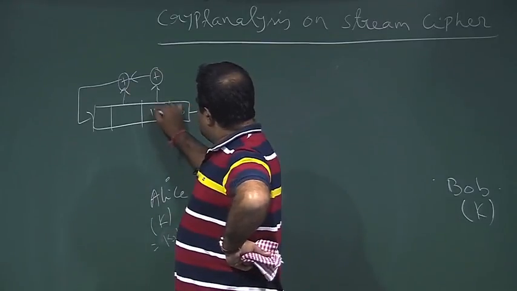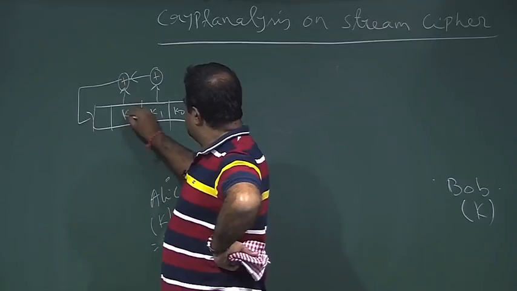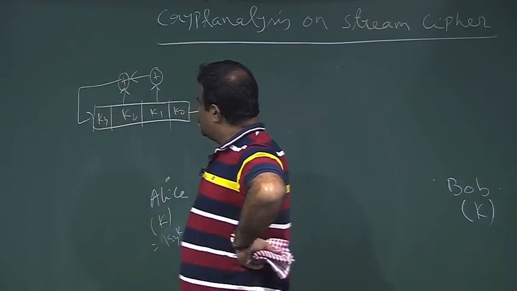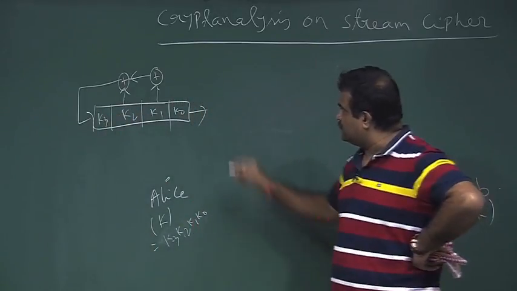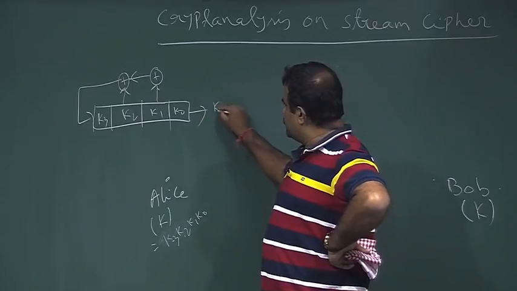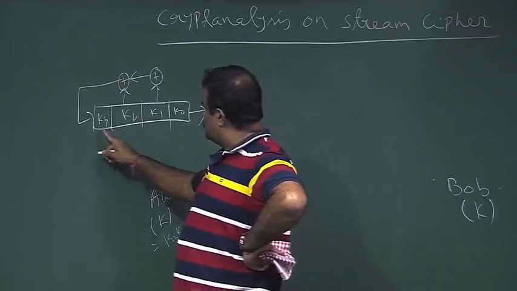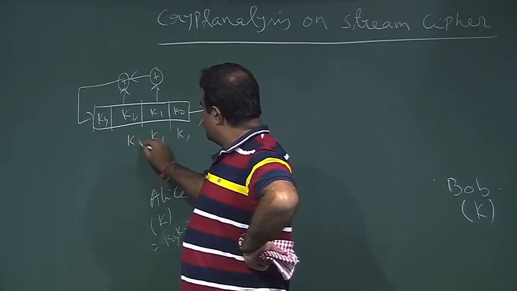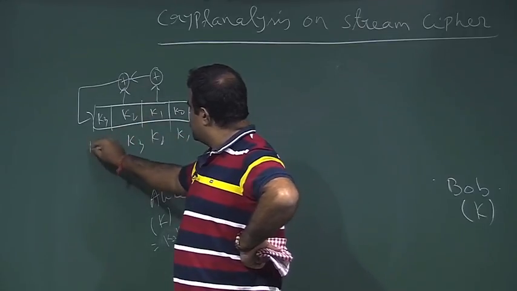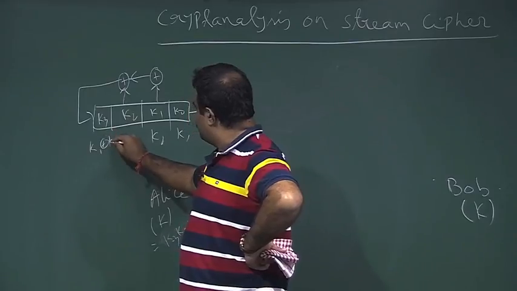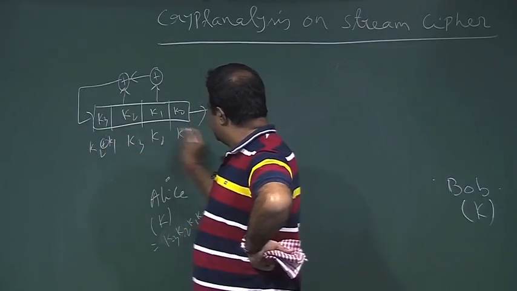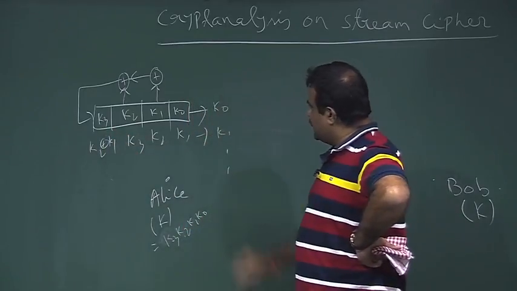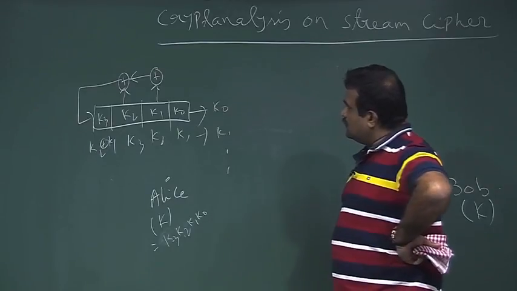So we initialize this state this way and we run the LFSR. It will keep on generating K0 first, then K1, K2, K3, then the XOR of K1 and K2, and so on.